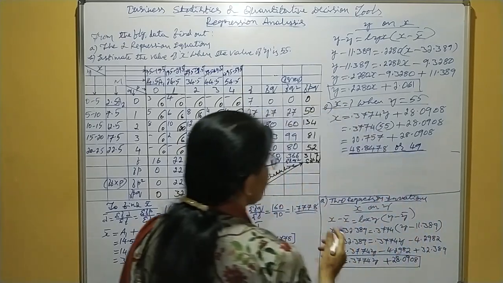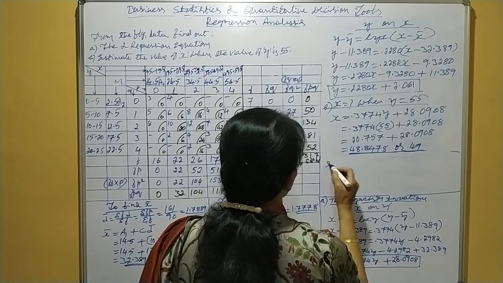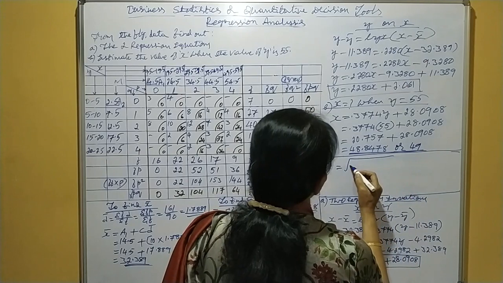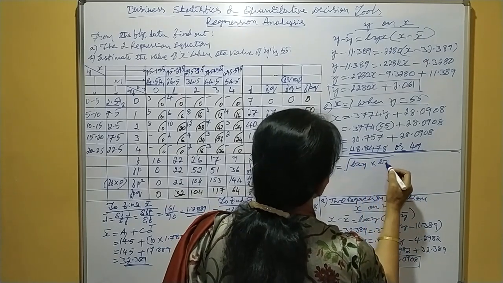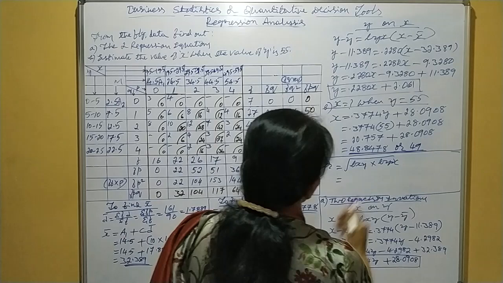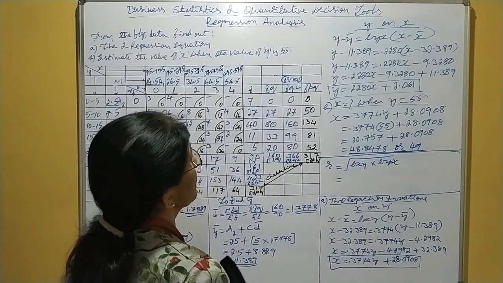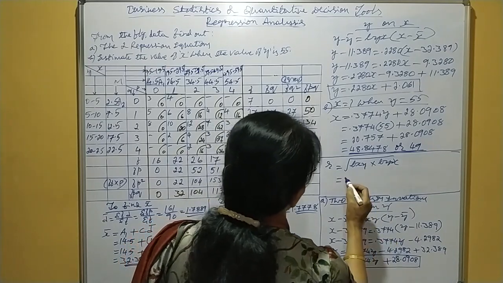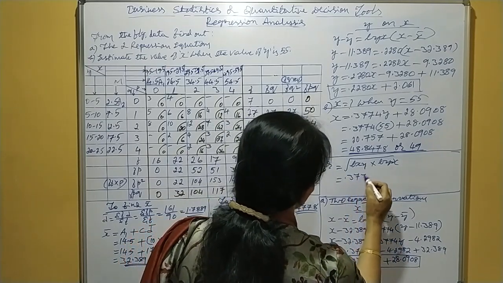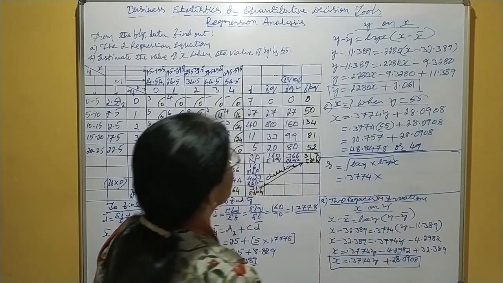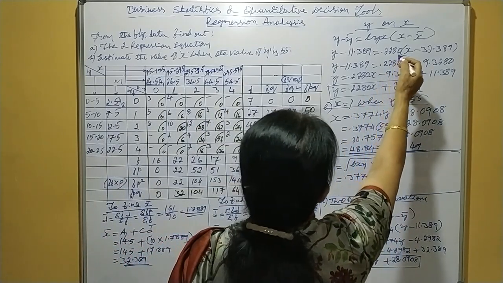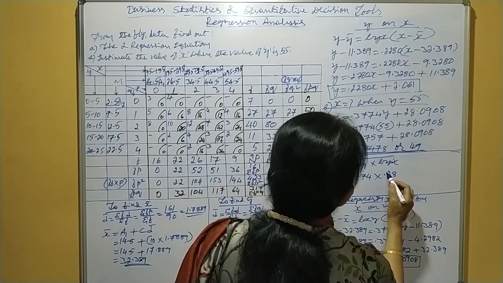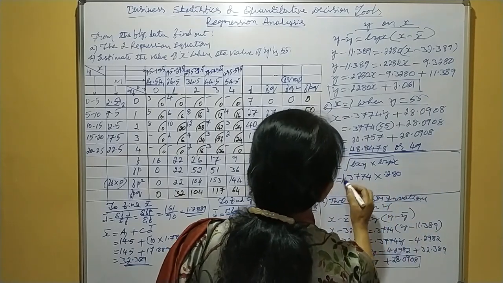The formula for the relation between regression coefficient and correlation coefficient is what? R equals the square root of bxy into byx. That's all. Now, what is the value of bxy? Bxy is 0.3774 into byx. Byx is already calculated, that is 0.2280.